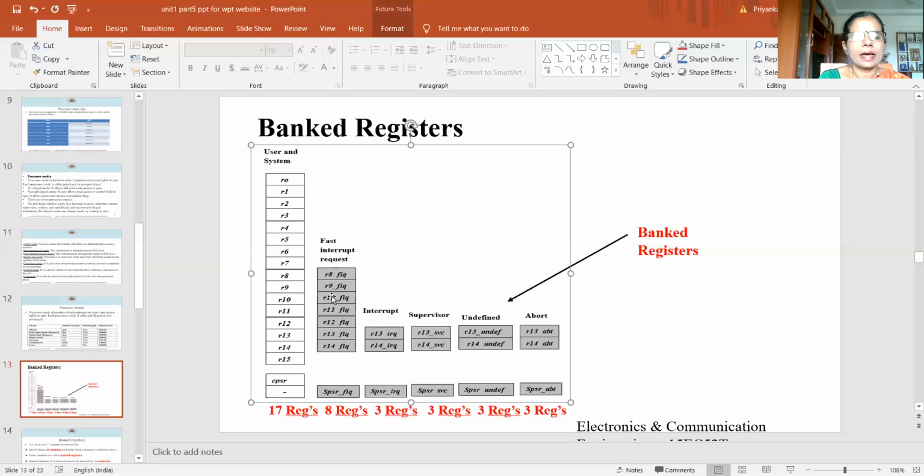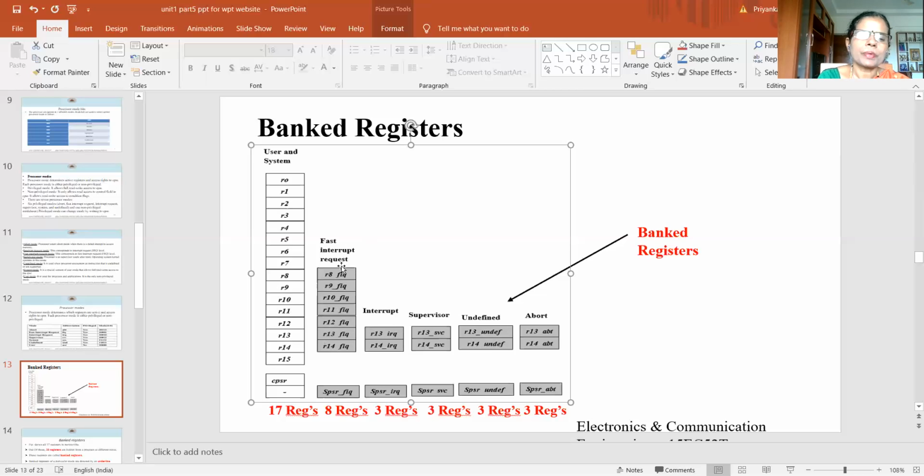See, R8, R9, R10, 11, 12, 13, 14. The same registers are used with the suffix FIQ. So why is the suffix used? Because each mode has the same registers as user and system mode, and in order to differentiate the processor mode, a suffix is used.